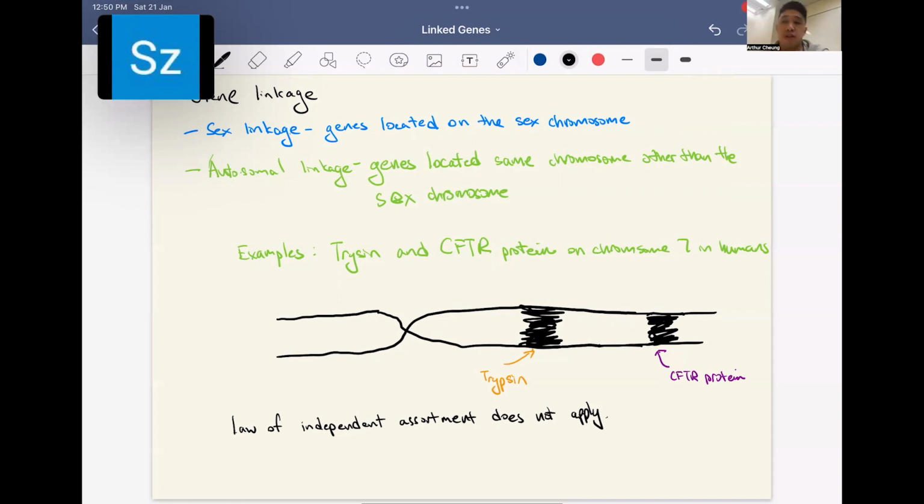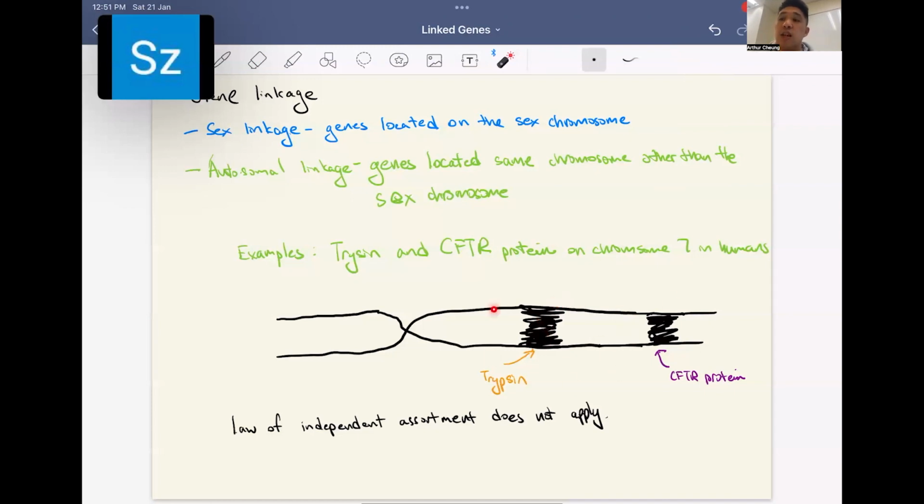An example can be shown below. The gene that encodes the enzyme trypsin and the gene that encodes the CFTR protein are both located on the same chromosome in humans.